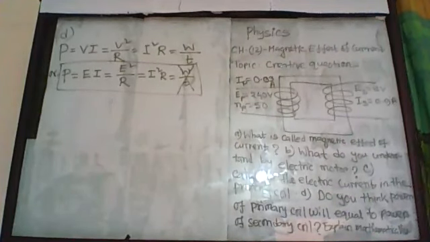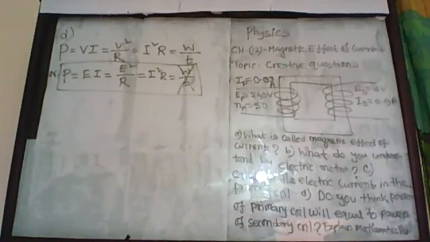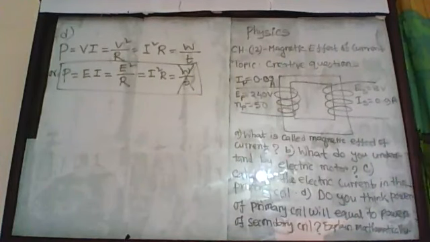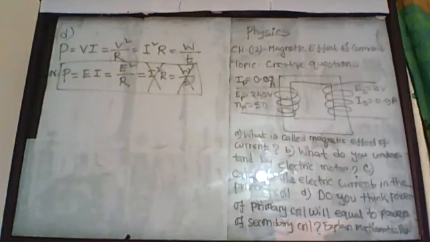The next step, I square into R. You know, boys and girls, to use the formula I square into R, I need to find the resistance R. Since the resistance R is not given for both the primary and secondary coil, to use this formula it will take a long journey. Now, can I use E square divided by R?